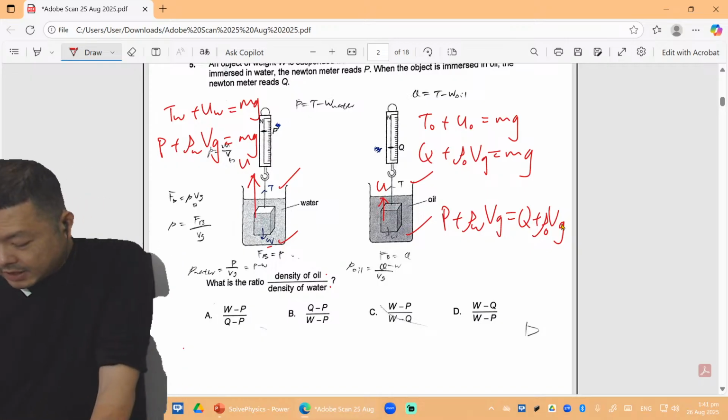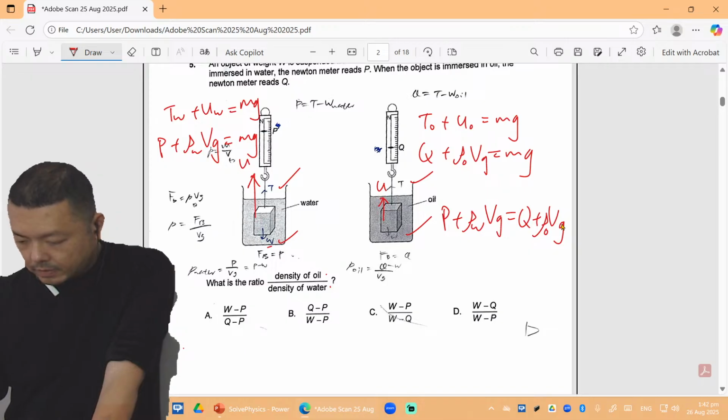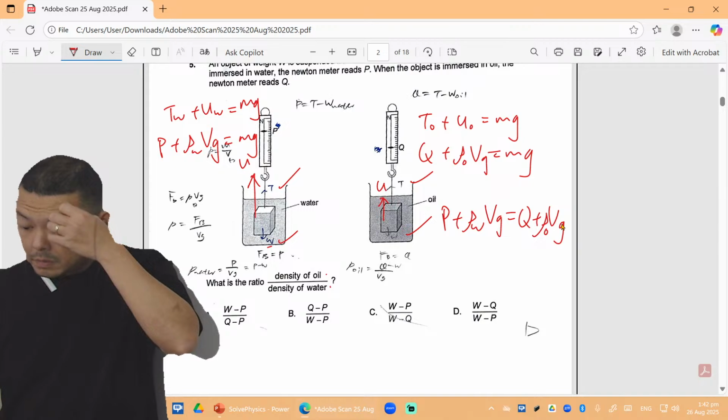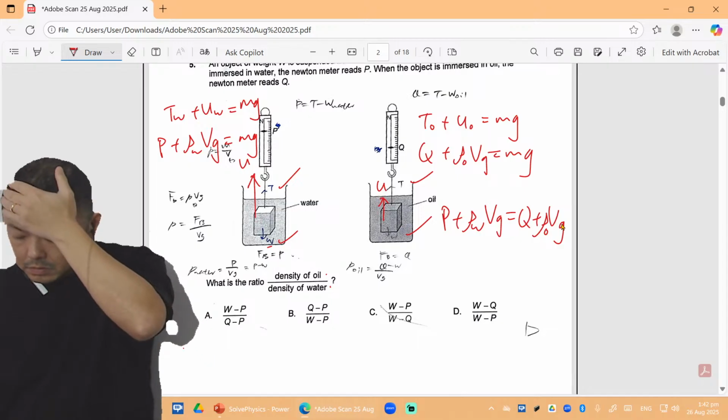Seems like something is missing. No, you just need to put the two equations in terms of rho W and rho O. And then you do rho O over rho W. Yeah, right. I tried that. I don't think it works.